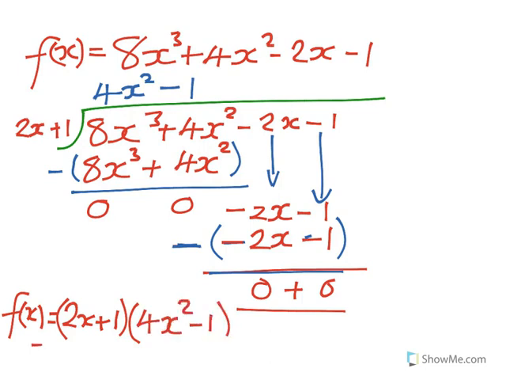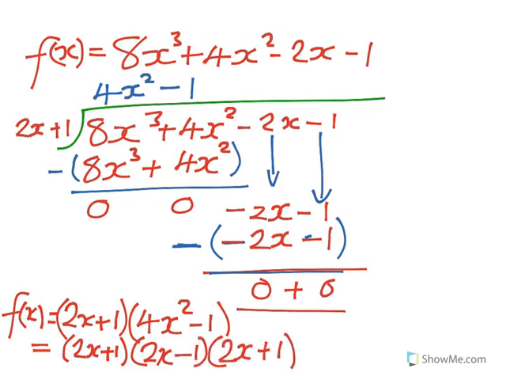As I said, it is a difference of two squares, which in this case, when you look at it, if you move on, it will be 2x plus 1. In this case now, it's 2x minus 1 and 2x plus 1.